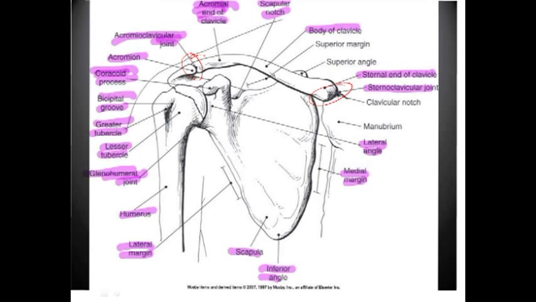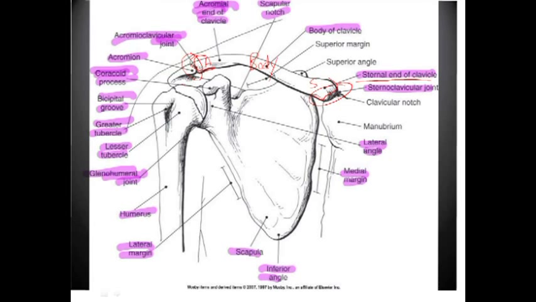Notice on the ends of the clavicle that articulate in these joints, we have the sternal end of the clavicle here and the acromial end of the clavicle here, simply based on what it articulates with, the sternum and the acromion. We have the body in the center of the clavicle, and that's pretty much it for the clavicle. The clavicle is very simplistic.